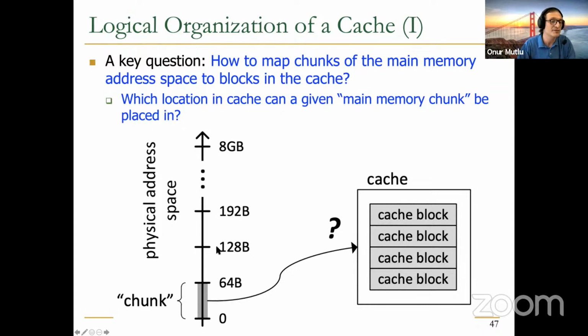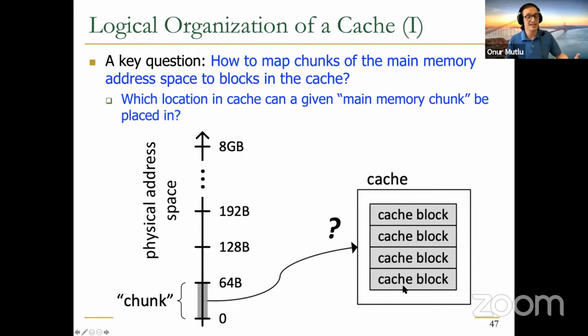Essentially, these are chunks of 64 bytes. They're essentially cache blocks. But basically, you have a mapping problem. You have many of these chunks in the physical address space, but your cache may have space for only 4 cache blocks. So how do you do the mapping, basically? Which cache block can a chunk be placed in potentially?